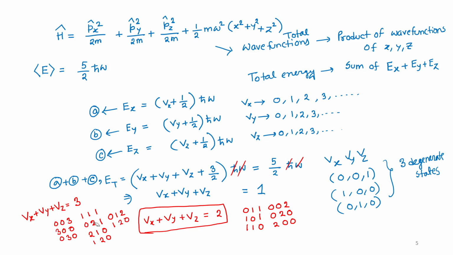Then what else could it have been? You start from 1, 0, 2, right? And did I write 2, 0, 1 here? No.